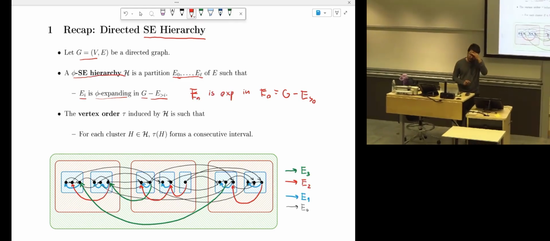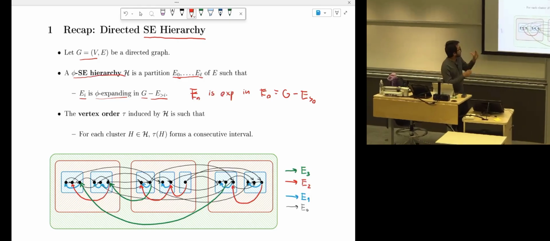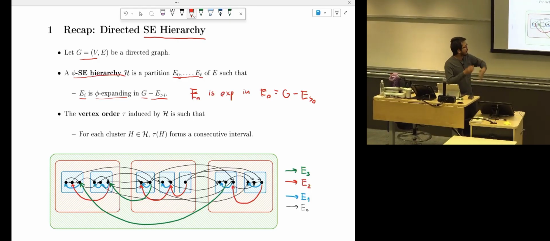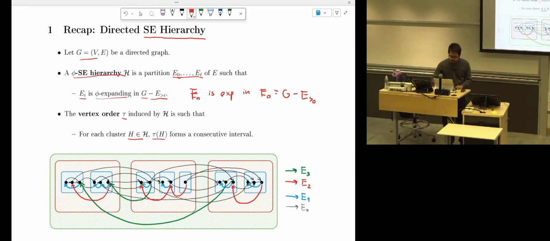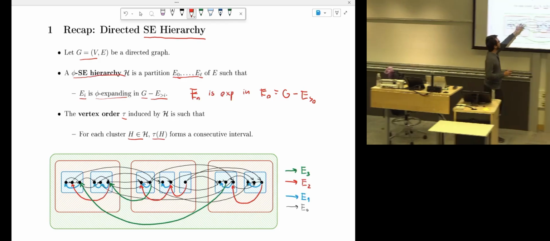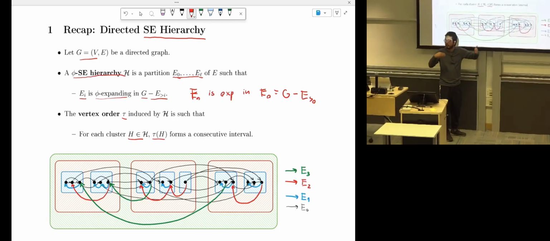And also this hierarchical structure induces a vertex order, which we call tau. This vertex order tau is such that for every cluster, tau maps the cluster to a consecutive interval.